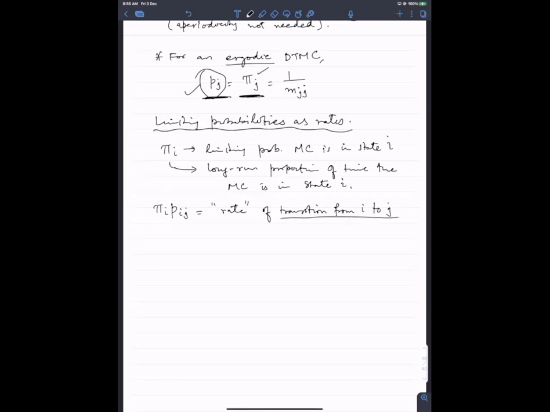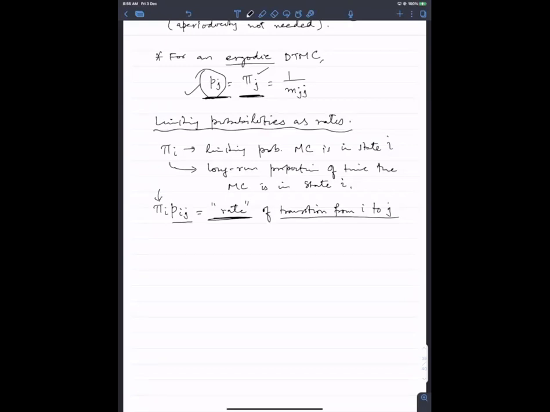Well, the probability of that is Pij. This is the conditional probability that you transition from I to J, given that you are in I, your next state is J. That's the transition probability. But when you multiply this with pi I, this gives you the notion of the rate.